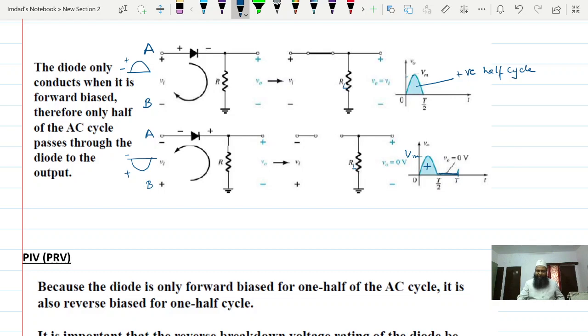Since the half-wave rectifier only rectifies half of the input AC signal, that's why it is called a half-wave rectifier. For the next cycle, for the positive cycle we will get a positive peak, and for the negative cycle again 0, and this will keep repeating.